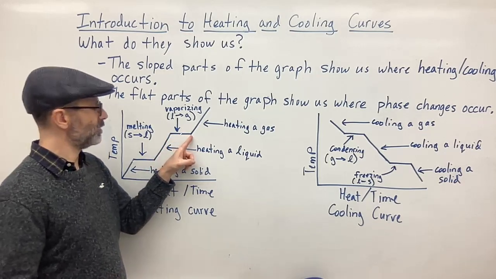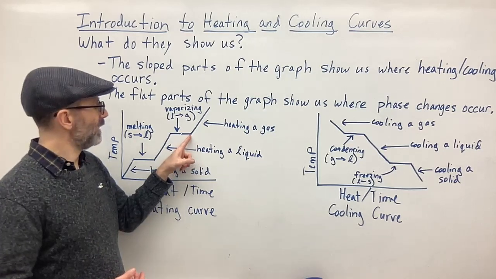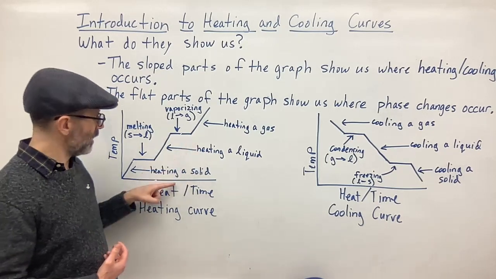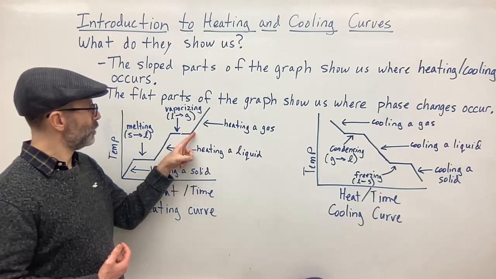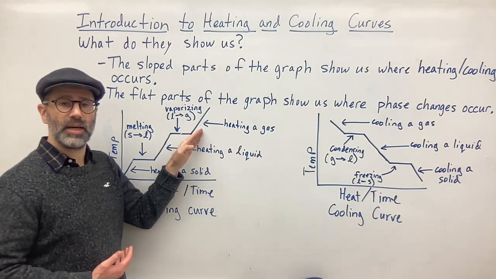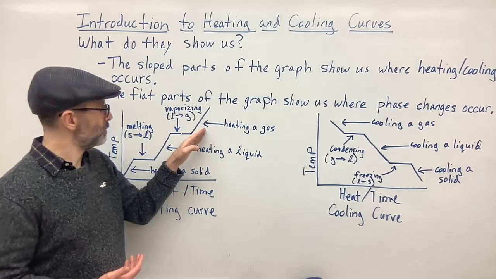Once I get to that point, I only have a gas. So now the gas is going to be absorbing more heat. As I'm adding more heat, the temperature of the gas starts to increase. And this is where you can get gaseous vapors that have very, very high temperatures.